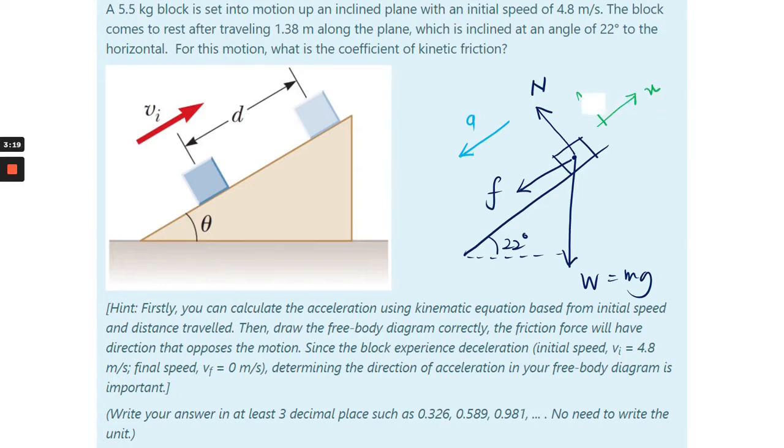The reason why we tilt the x and y axes is that we want the acceleration to be in a single axis. And here the acceleration is going to be only on the x-axis.